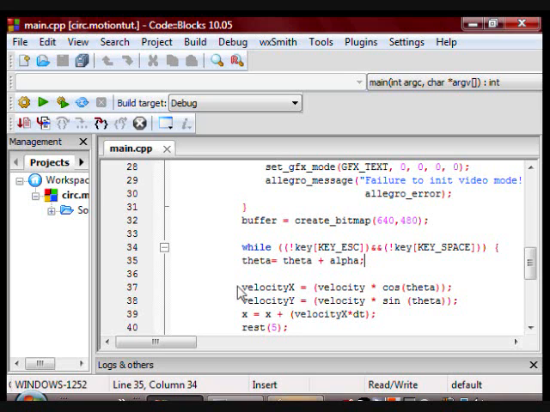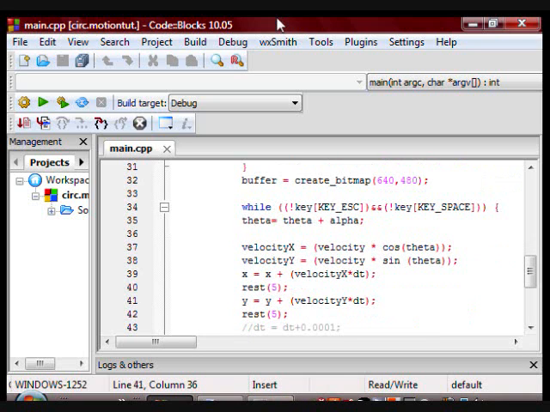And then I have velocity x equals velocity times cosine theta, and velocity y equals velocity times sine theta. I also have x equals x plus velocity times change in time.